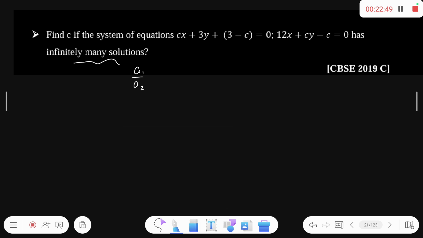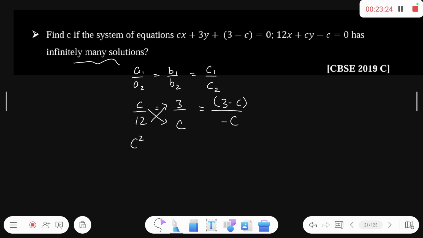So a1 upon a2 is equal to b1 over b2 is equal to c1 over c2. For c1 it is 3 minus c upon minus c is your one. You can solve it by taking any two, so it becomes c square is equal to 36 or c is equal to plus minus 6. So this is your solution.